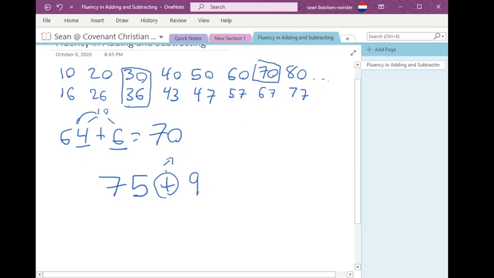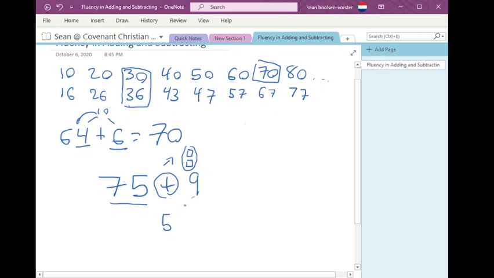We're going up. So how much do we need to get to the next multiple of 10? Well, if we have a 5, we're going to need another 5, right? So we can take 5 from this one, because remember, this is basically a whole bunch of ones blocks. I'm not going to draw them all, but we can take a group of them and split them up, and we can take 5 of them.